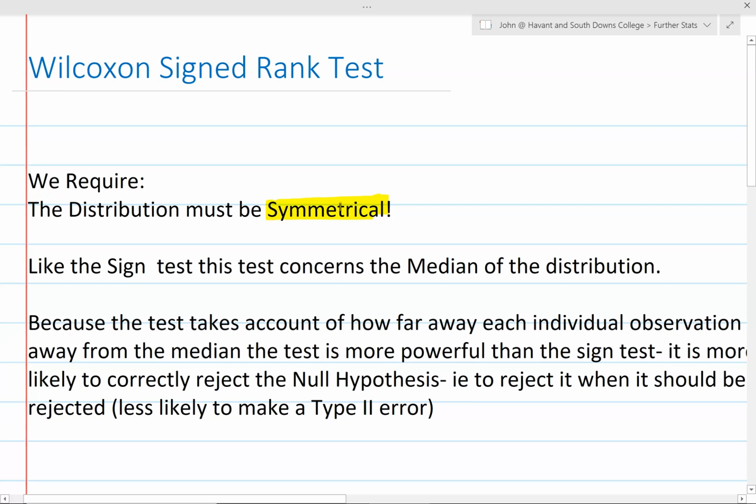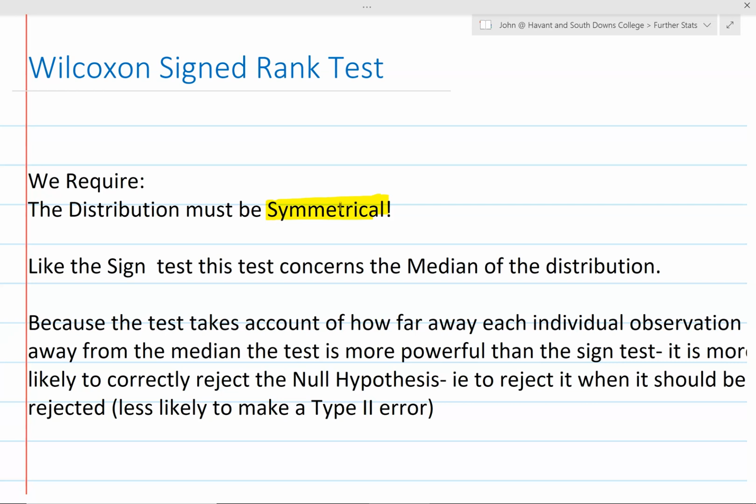Some people say that there are no assumptions about the parent distribution for a non-parametric test. Sometimes there are assumptions made, but they are not particularly restrictive, and there's certainly nothing to do with the normal distribution. That in itself would make it non-parametric. But there is here the assumption that it is symmetrical.